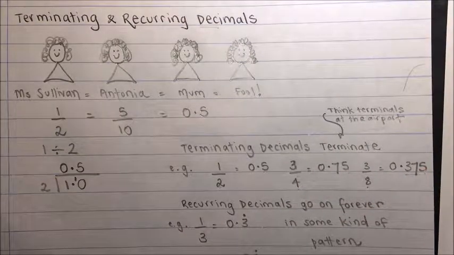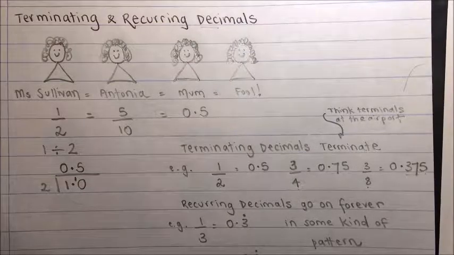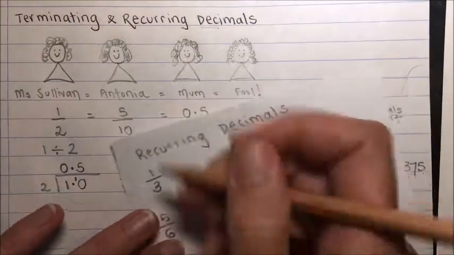The other type of decimals that I have are recurring decimals. Recurring decimals go on forever in some kind of pattern. So a third's a really good example. It's 0.333333. And why is that the case?